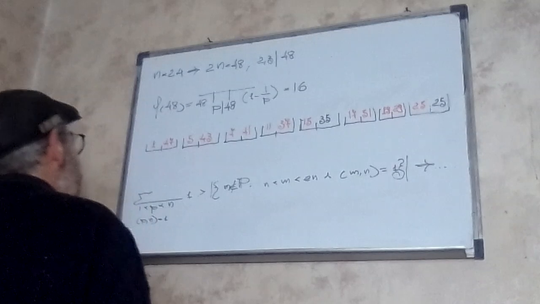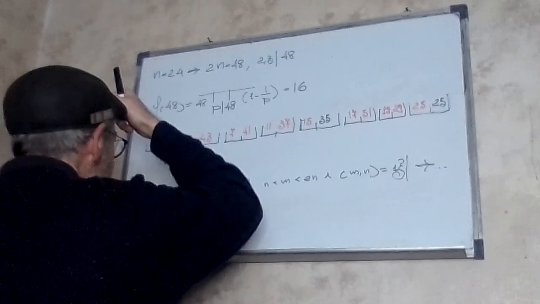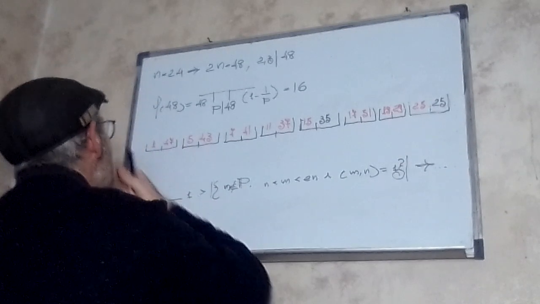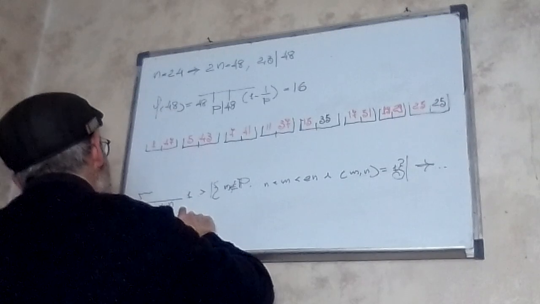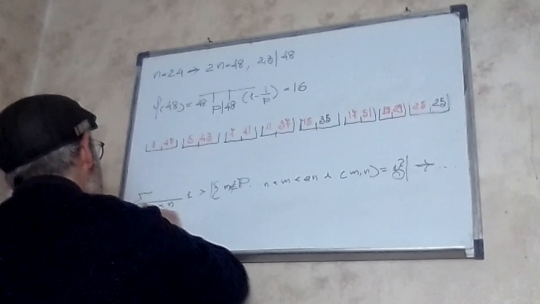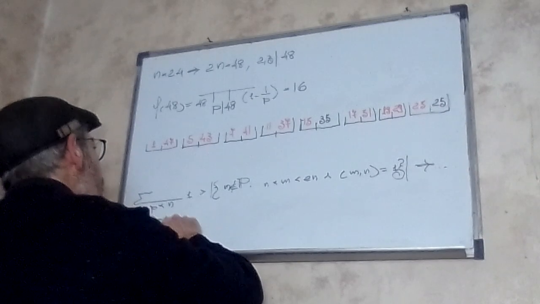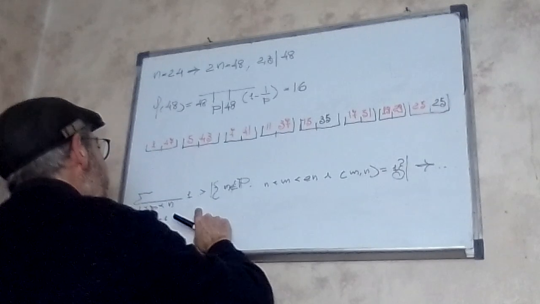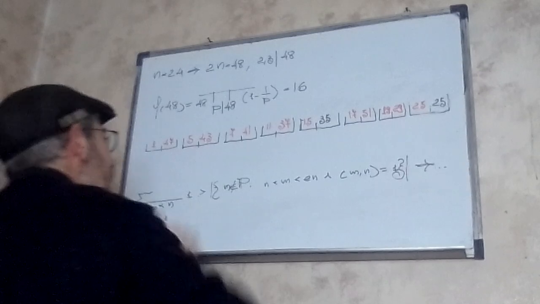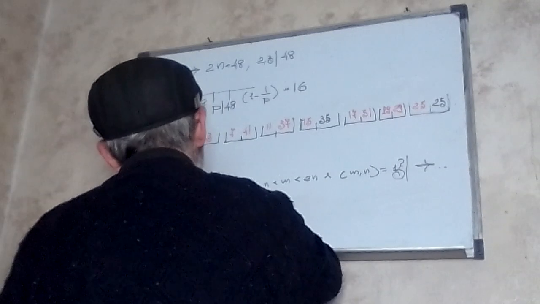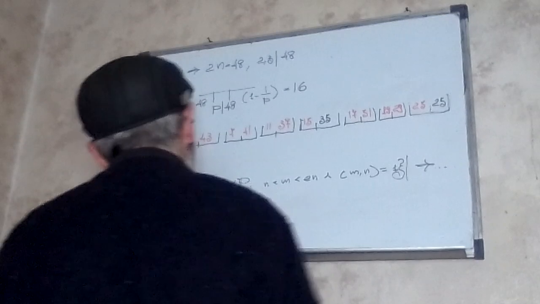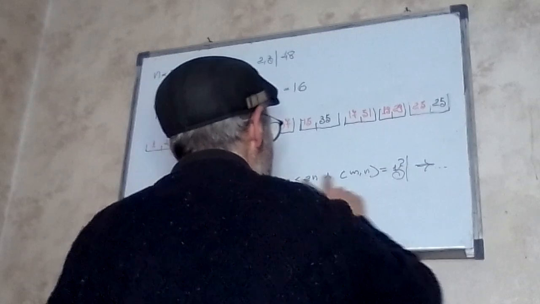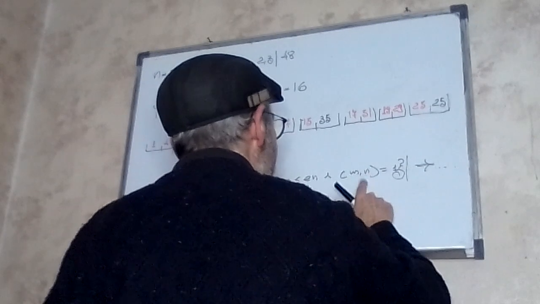We can state that the number of prime numbers p between 1 and n and coprime with n is greater, strictly greater, than the number of the set of composite m between n and 2n and m coprime with n.